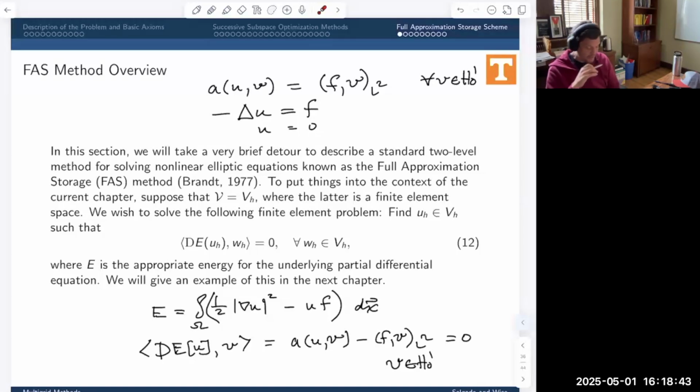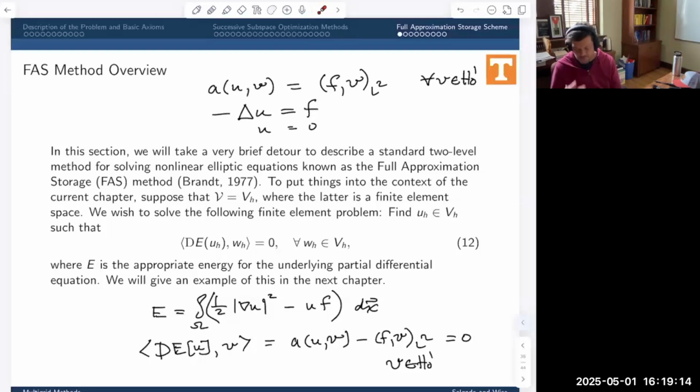Okay, so the nice thing about this problem is it's got a quadratic energy. And when I take the derivative of that energy, it gives me a linear problem to solve. The operator representing the derivative ends up being linear. So of course, if we want to solve that problem for the finite element space, we do the usual sort of things, right?